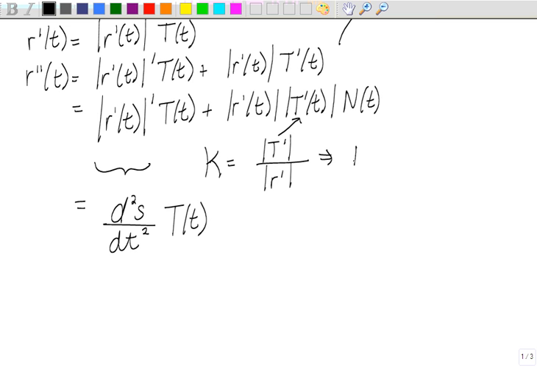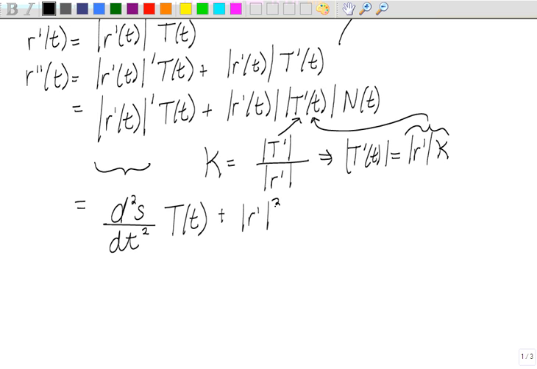This tells us that the magnitude of T prime of t is the magnitude of r prime times the curvature. So we're going to replace that here, and that's going to give us the magnitude of r prime squared times the curvature times the unit normal vector.